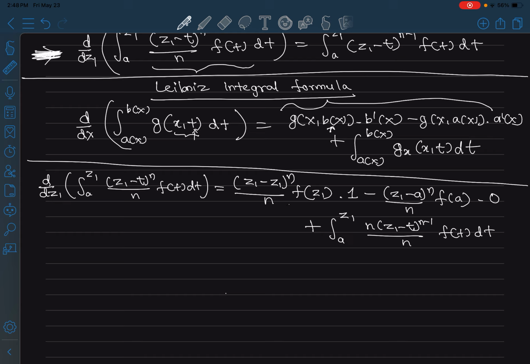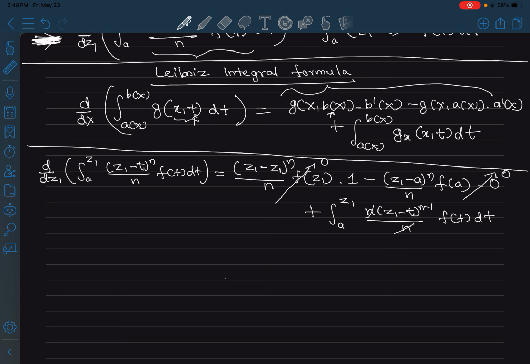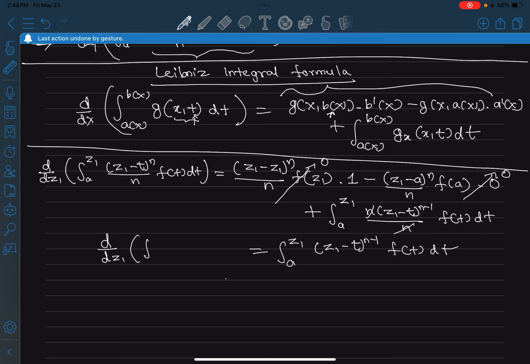Notice that the first thing cancels out to 0, and this thing also cancels out to 0 because it is multiplied by 0, and it simplifies a lot. That's why it seemed like we were just taking a simple integration: it was mainly because of the cancellations. So finally we have proved this, and now it's all easy. I'm sorry for making this so complicated.